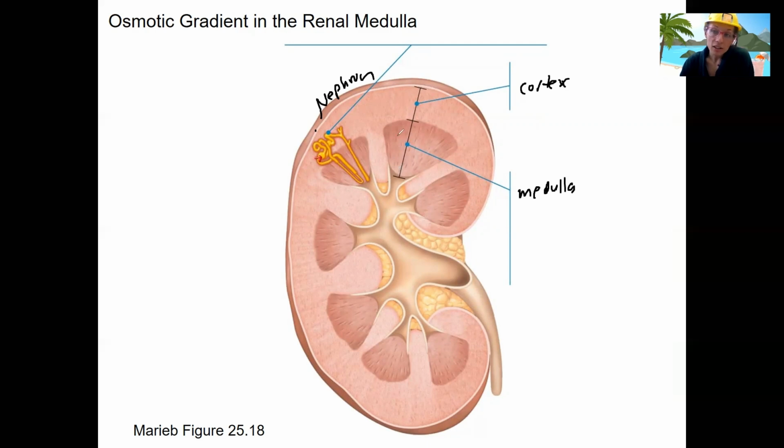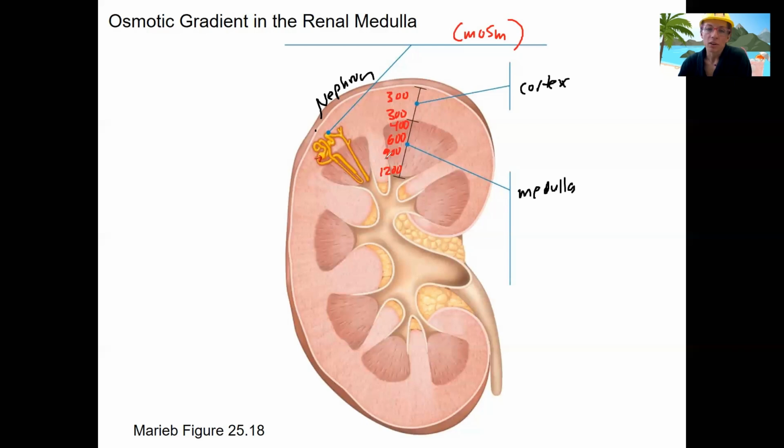So along this gradient here, what do we think we're going to start at in terms of osmolarity? What is it at the glomerulus? 300. So most of the cortex is 300 milliosmoles. This is all in milliosmoles is the units. We're going to start to increase right at kind of that border, 400, 600. You don't have to memorize where these are. The point is we've got to get to 1200.